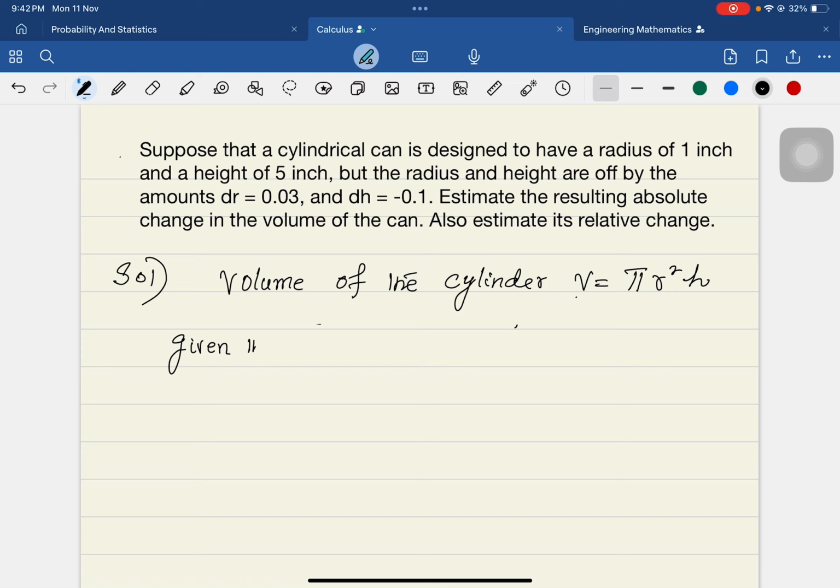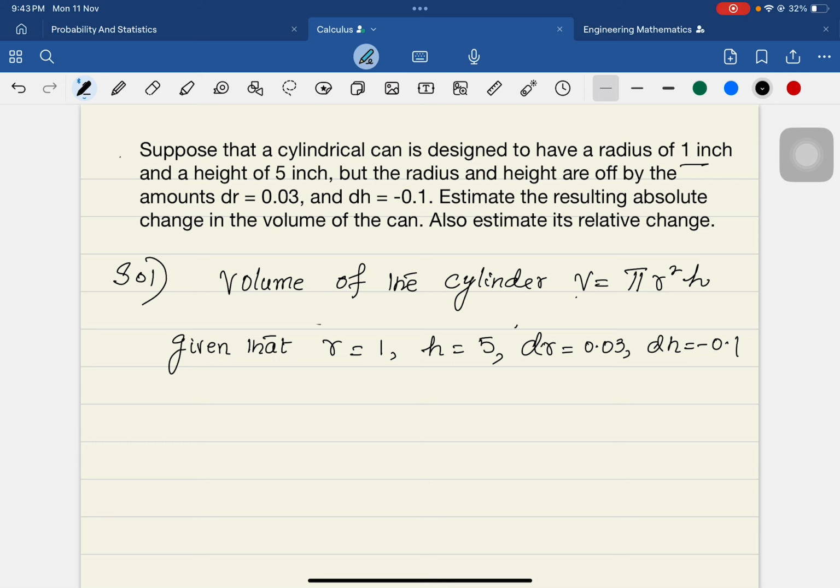The radius is given as 1 inch, the height is given as 5 inches, and the difference in the radius dr is 0.03, and the difference in height dh is minus 0.1.